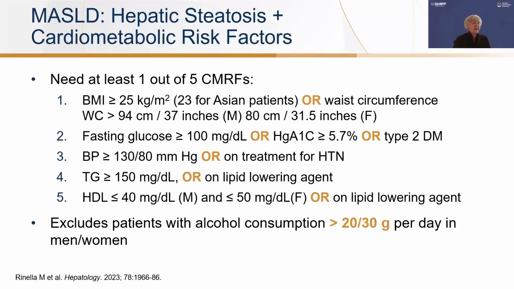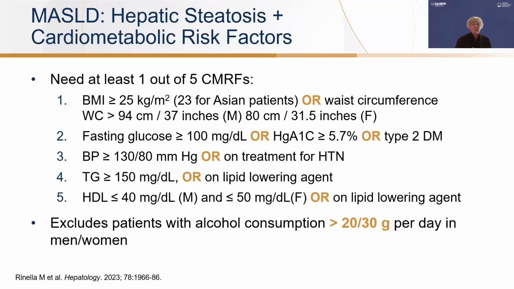So I think this is a really nice slide in that it says, hepatic steatosis plus a cardiometabolic risk factor gives you the definition of MASLD. So once again, we're looking at at least one out of these cardiometabolic risk factors.